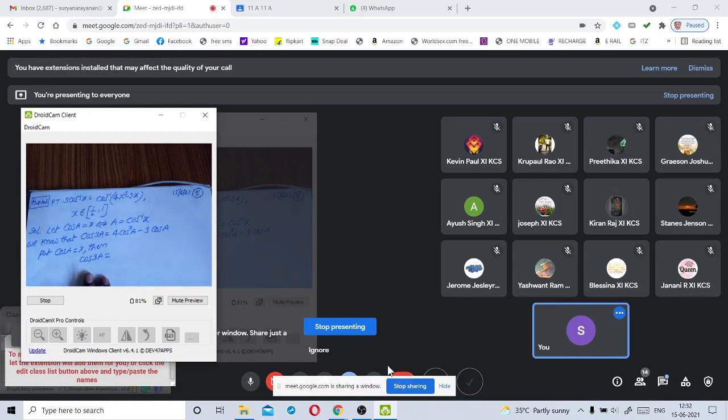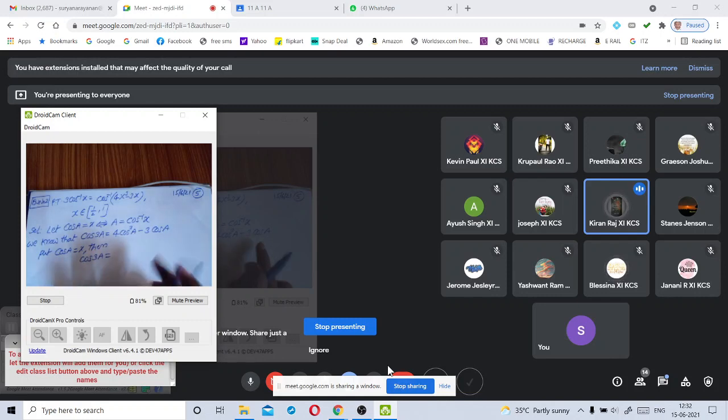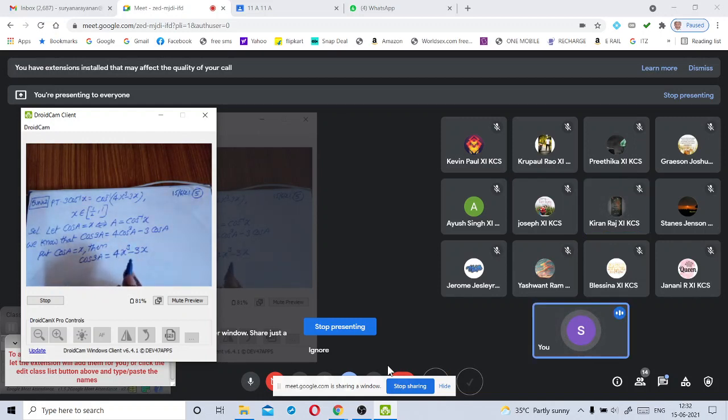Substitute cos A is equal to x in the RHS of this equation. 4x cube minus 3x, sir. Then why are you telling I don't know? Sir, a little bit confused, sir. Don't be confused here. So here cos 3A is equal to 4x cube minus 3x.